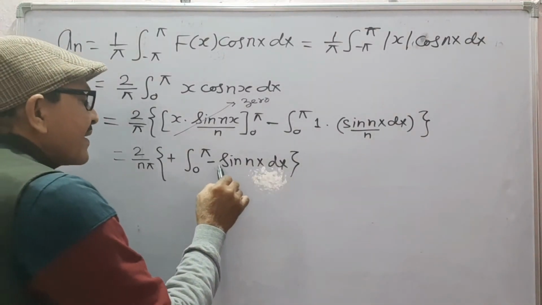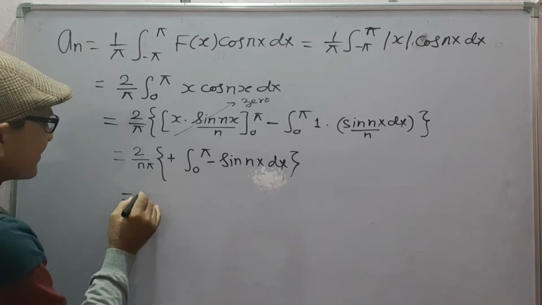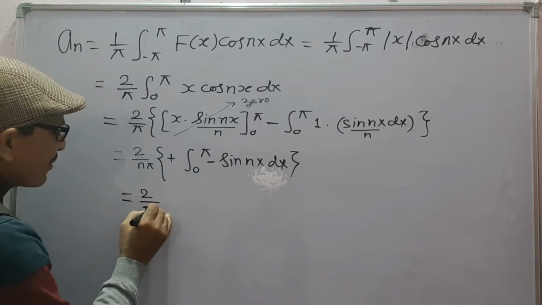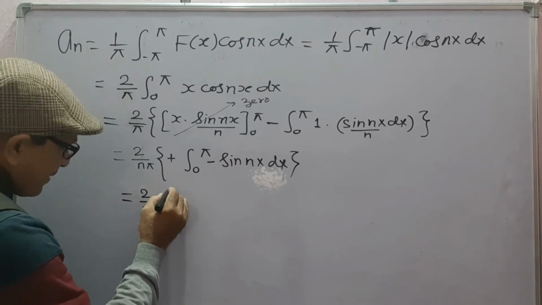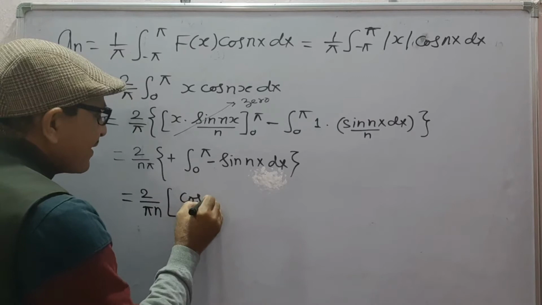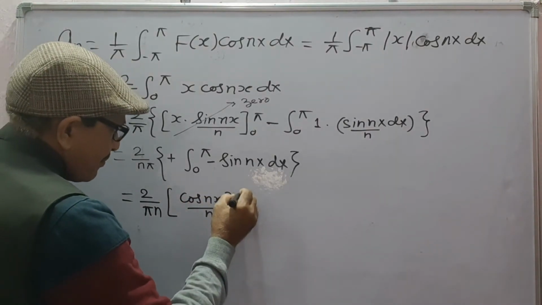Now the integral of minus sin nx is cos nx/n from 0 to pi.